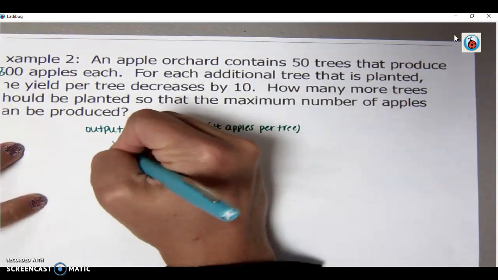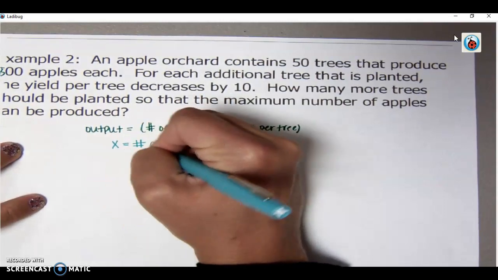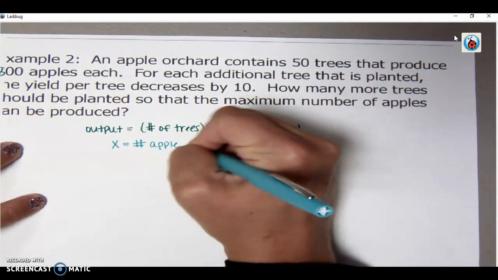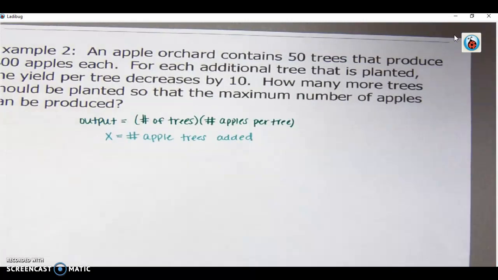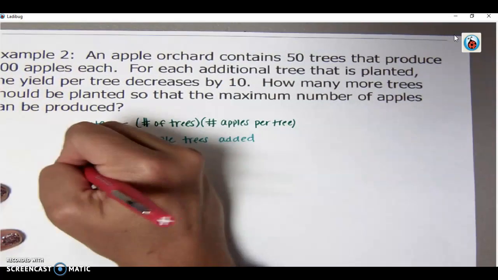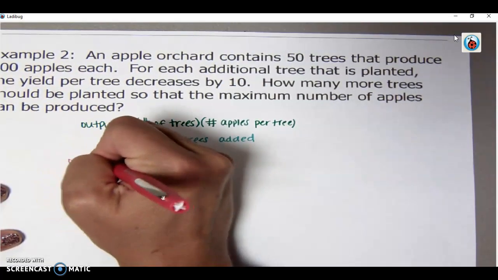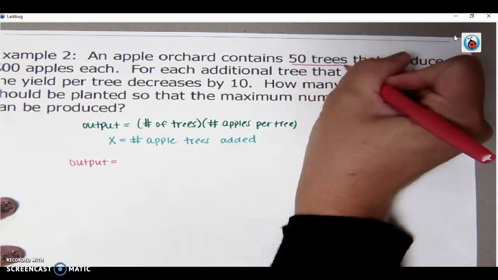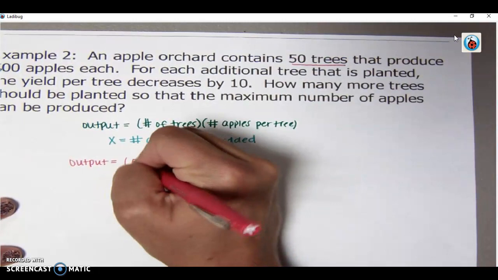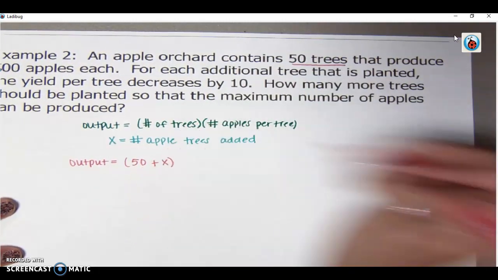So we're going to call x, this variable, the number of apple trees added. So that means our equation for our output is, okay, the number of trees that we're going to have, we started out with 50, but we're going to be adding trees, so that's going to be 50 plus x.